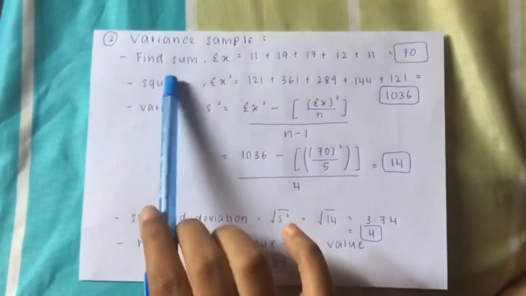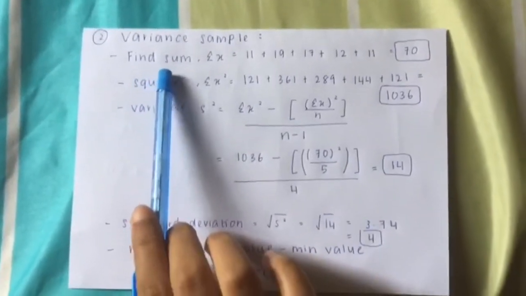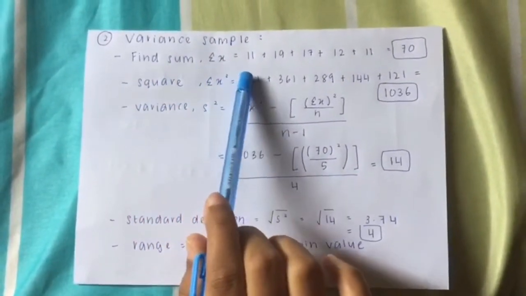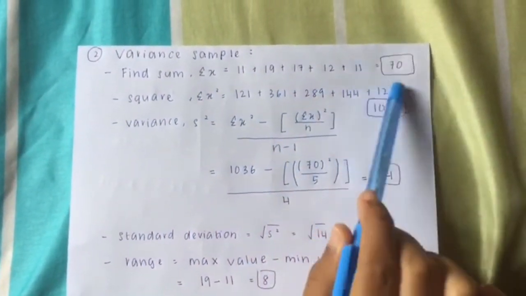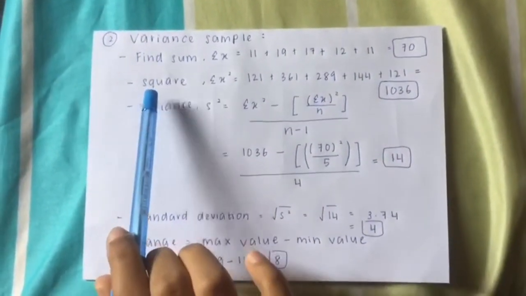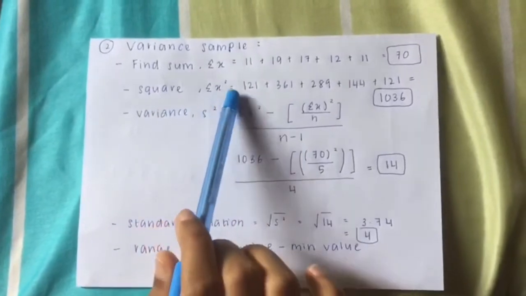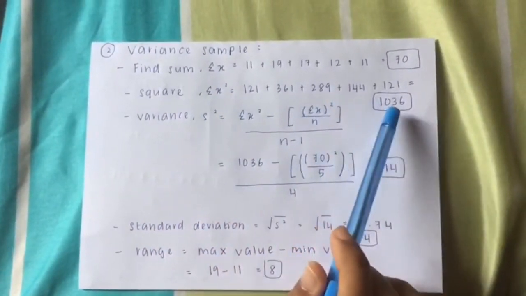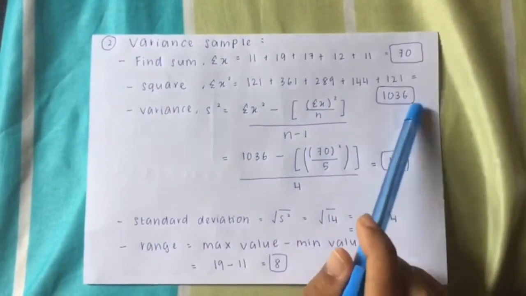variance. Here we have to find the summation of x first, and then we get 70, the total of the summation of x, and then we have to calculate the x squared. That is 1039.